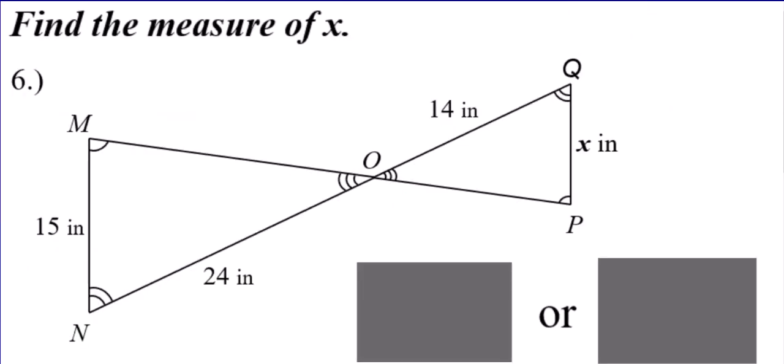Moving on. Problem number 6. I want to lead you through this one together because this is a unique type of similar triangle situation. The triangle on the right is actually kind of upside down from the one on the left. Let me show you what I mean. If you look at the angles here, this is a single arced angle, and this is a single arced angle.